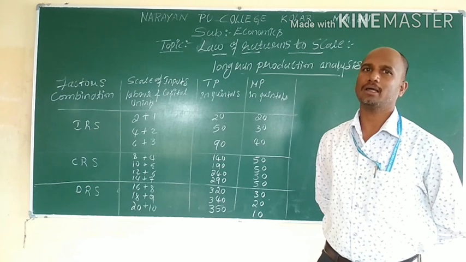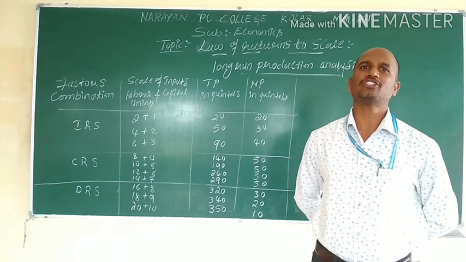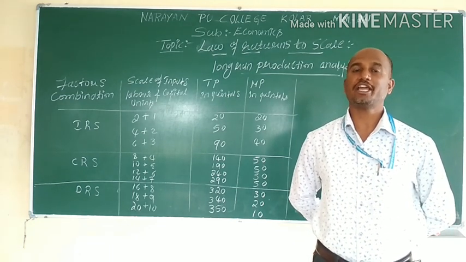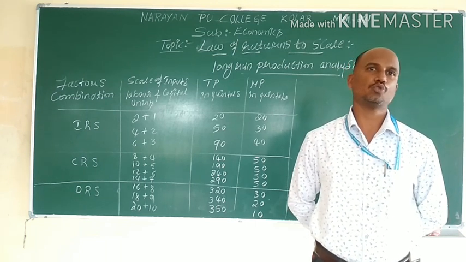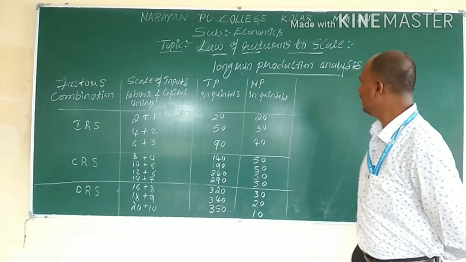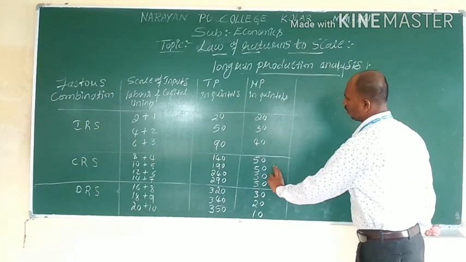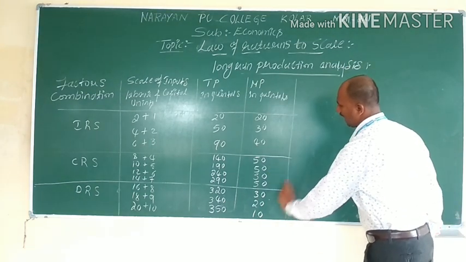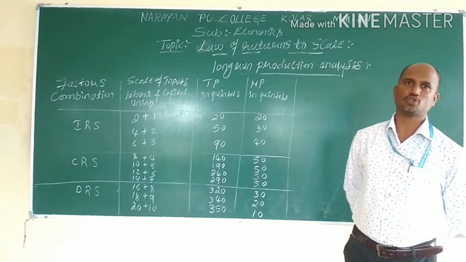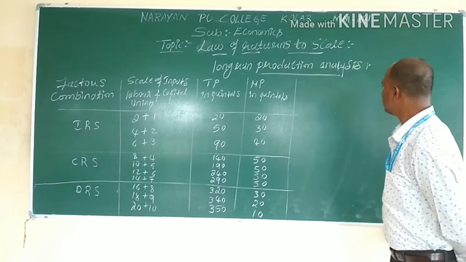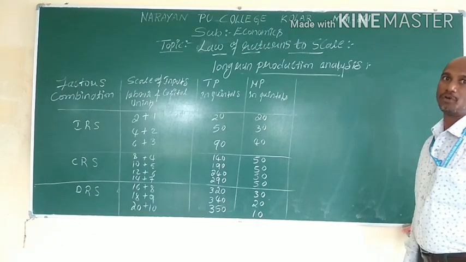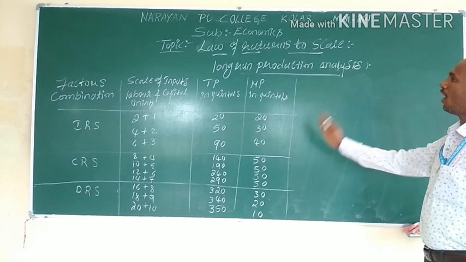In the long run, there are three kinds of stages we observe in the returns to scale: increasing returns to scale, constant returns to scale, and decreasing returns to scale. Yes, how can we draw the diagram accordingly?